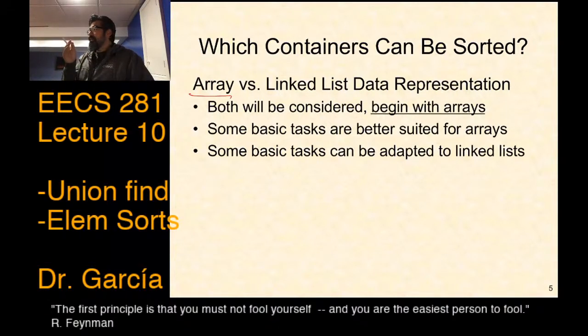Some of these algorithms are easy to adapt to a linked list. Some of them are not as easy to adapt to a linked list. We won't cover the details, but we will ask you questions to think about, right? Like, from what you know about, say, bubble sort, how would this behave if instead of an array, it was a linked list, right?